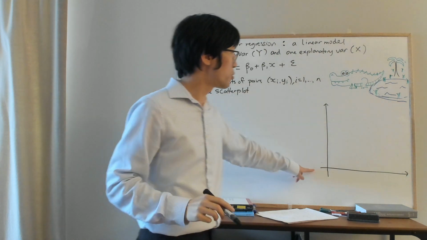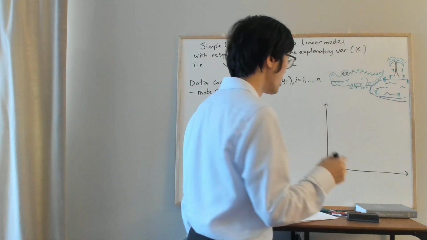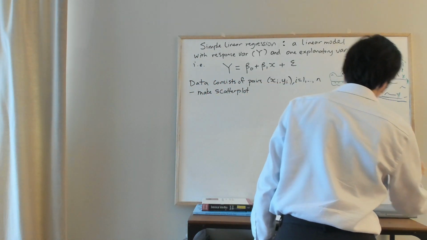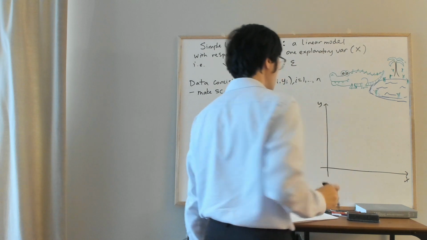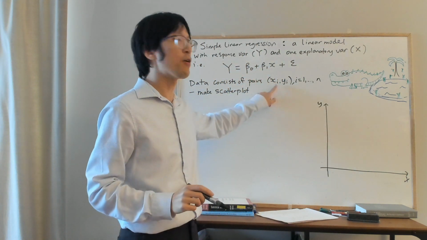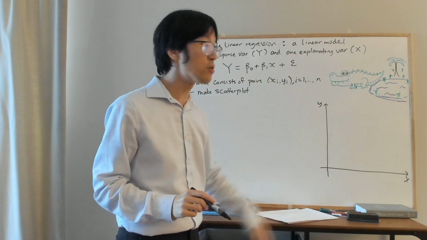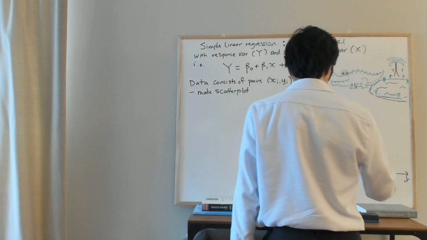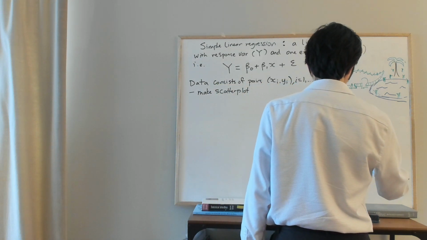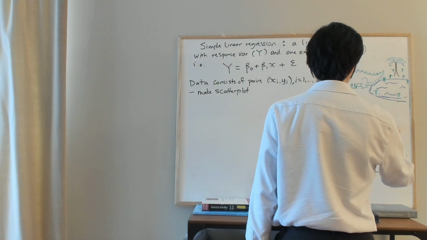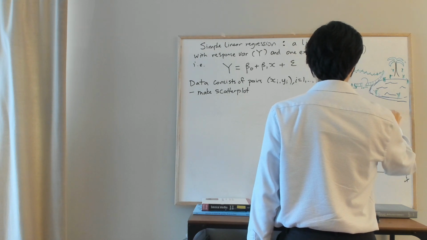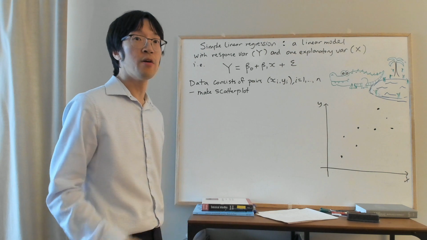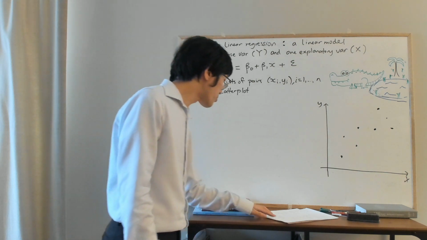I'm going to use this graph that I've set up, and label my x-axis and my y-axis. Each pair xi, yi will be a point on this plot. I'm just going to put some points on here. That would be an example of a scatter plot.